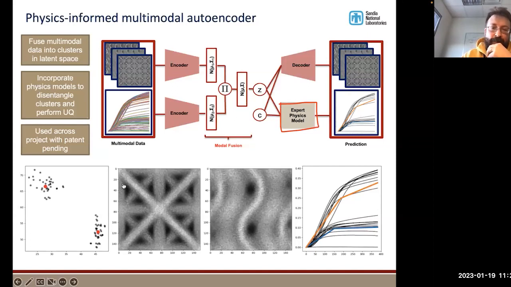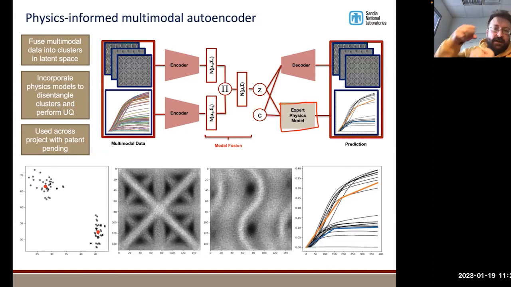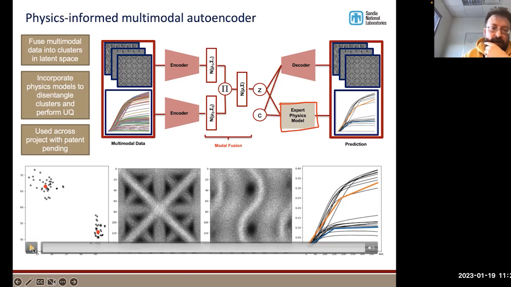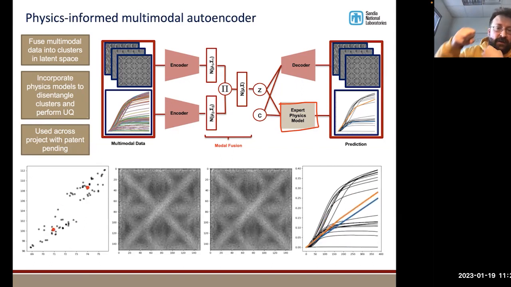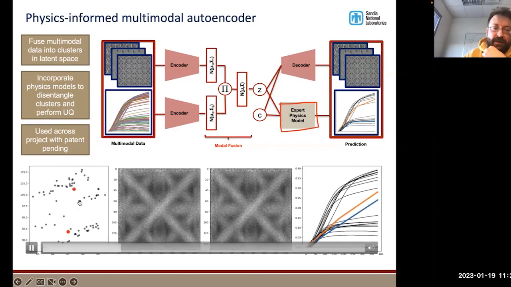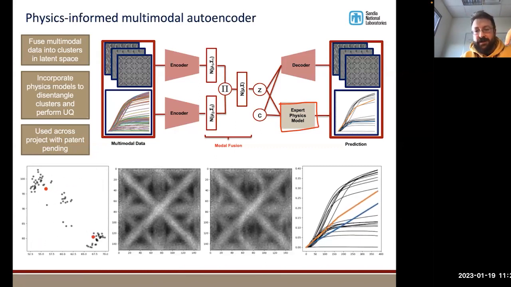In this case, these are two different 3D printed lattices, a population of different ones. We're doing uniaxial extension tests. I'll start it over. Each black dot corresponds to an image of the lattice as well as a stress-strain curve for that lattice. During training, you can see it swapping data points back and forth between clusters.